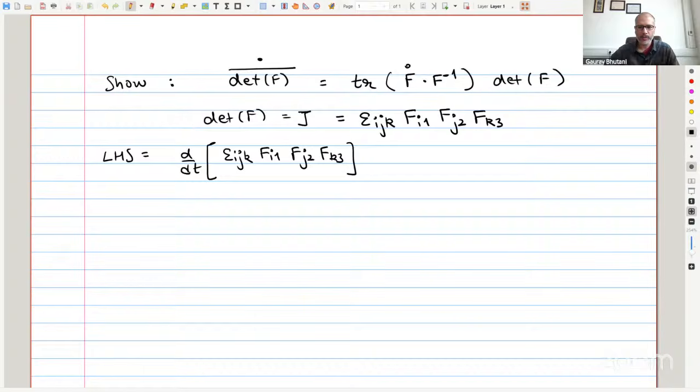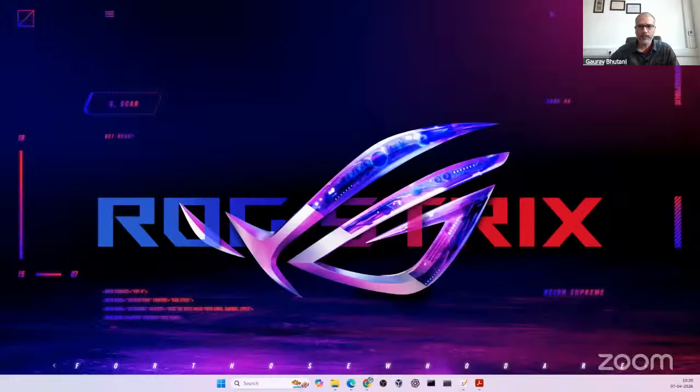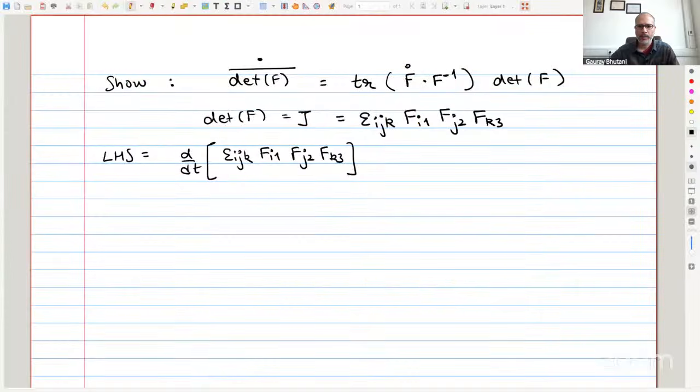So I can take this out of the derivative. So in this case, what I have is three different columns of F, that is fi1, fj2, and fk3.